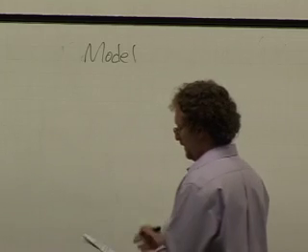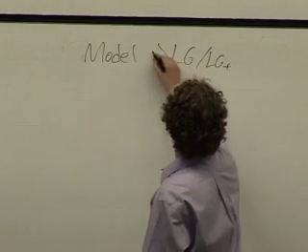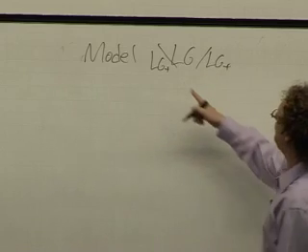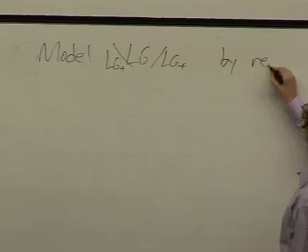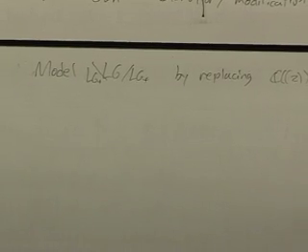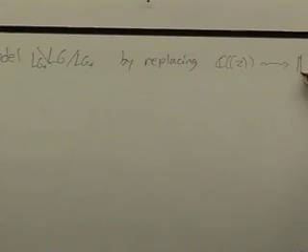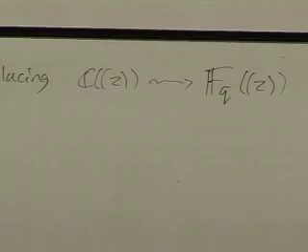And so we can model this space, LG mod LG plus, these orbits, by replacing this field of Laurent series by a nice locally compact field, something I understand. Take a finite field and look at Laurent series in z over FQ.